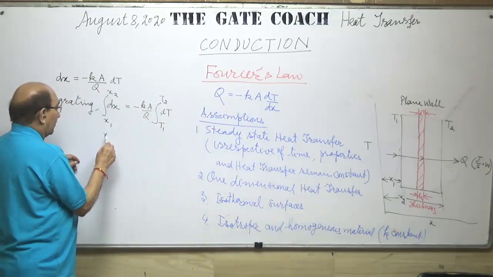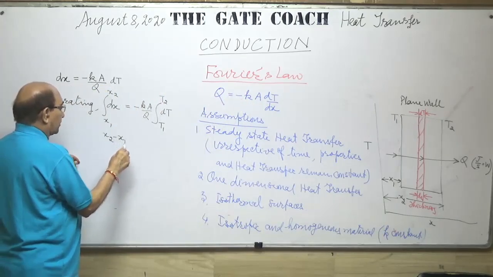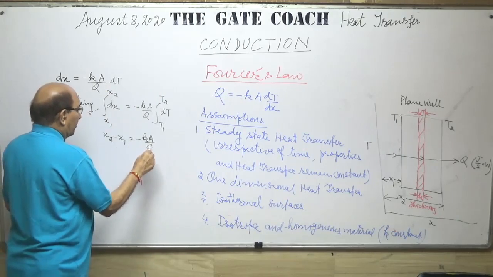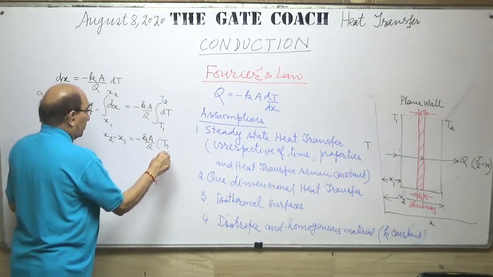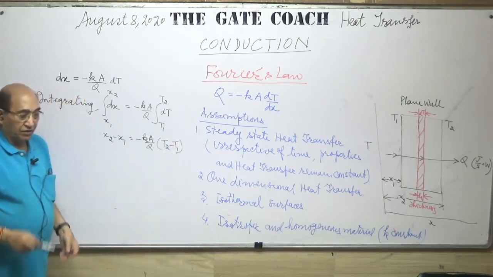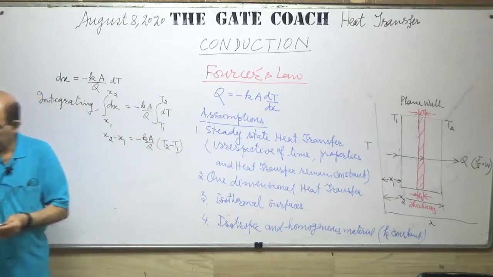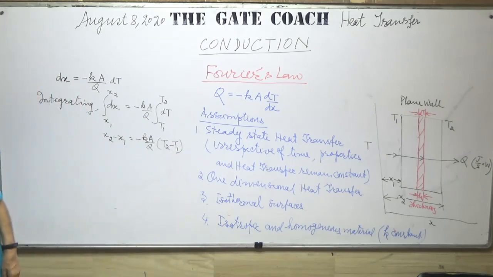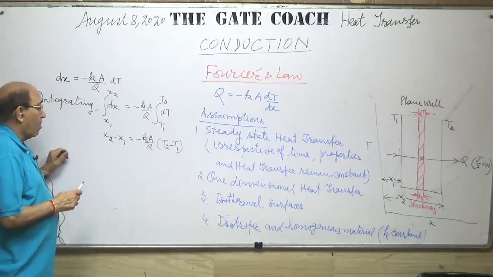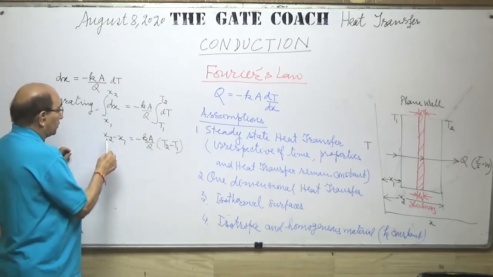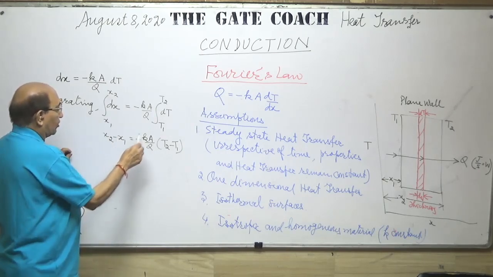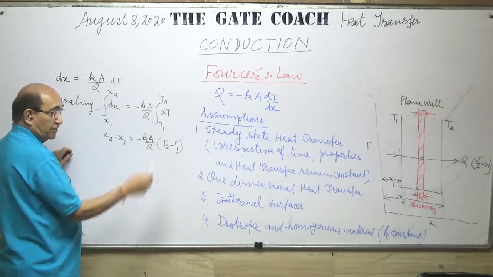So I get x2 minus x1 equals minus k a upon q into T2 minus T1.